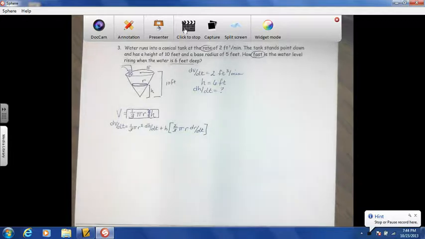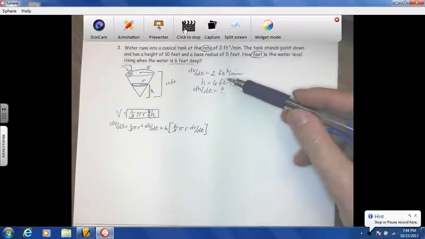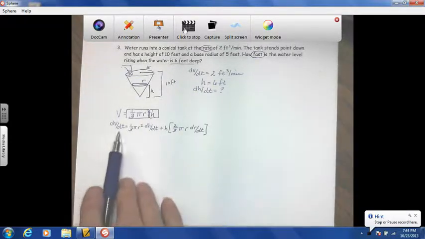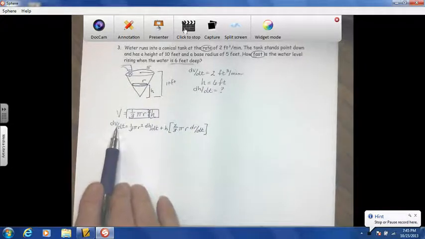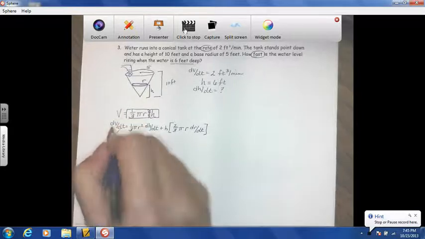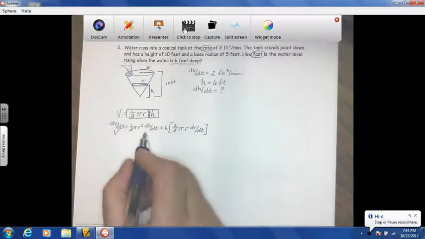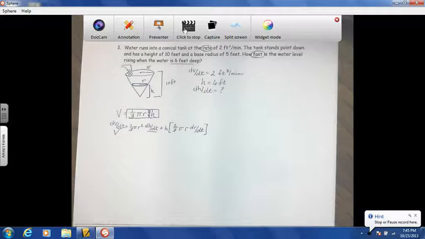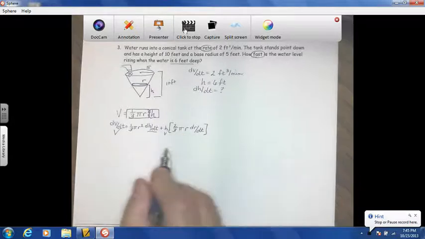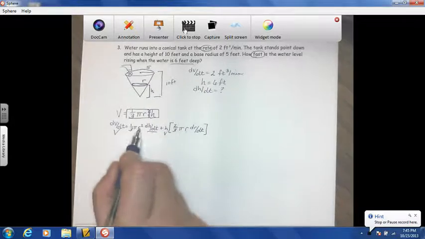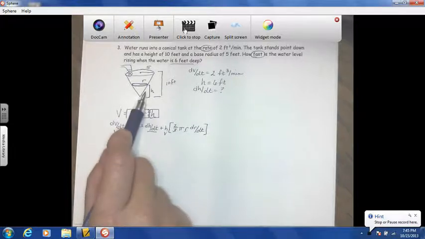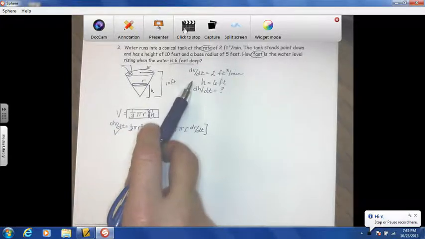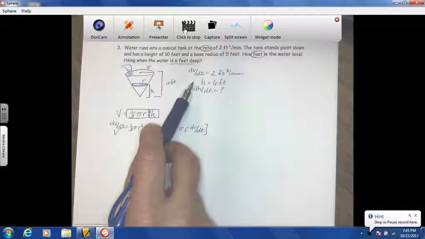Now, when we go back to the information that we were given and start looking through our equation here, we actually have some information that is missing. Now, the dV/dt, we have that. The dh/dt is what we're trying to find. The h we have. Now, the r's that are in here, even though I don't have those at the moment, I can come back up here and figure out at the instant when the height is 6 what the radius is.